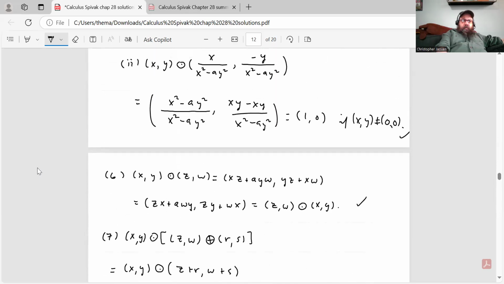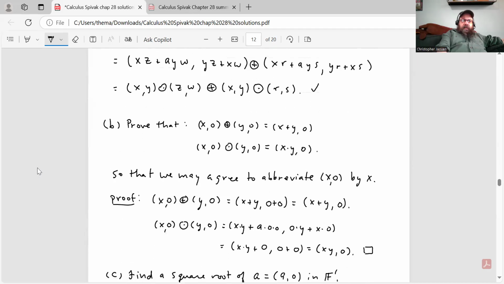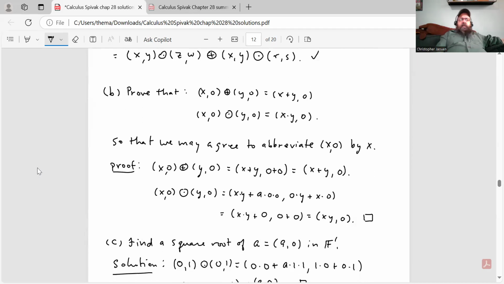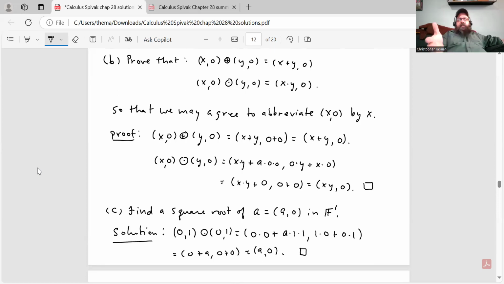That's question 10 part A, and then part B says prove that (x, 0) plus (y, 0) is (x plus y, 0), and (x, 0) times (y, 0) is (xy, 0), so that we may agree to abbreviate (x, 0) by x. And again, this is straightforward. You just show that it works by using the multiplication and addition properties.